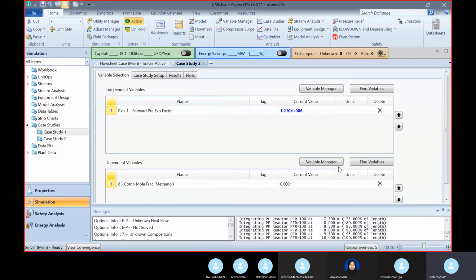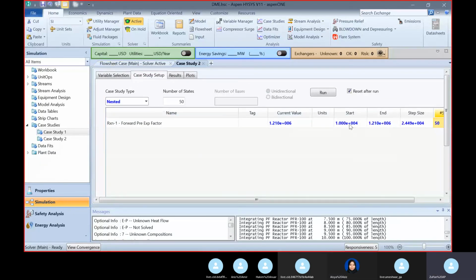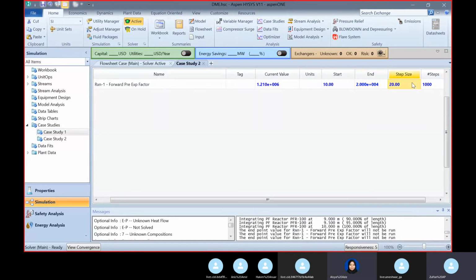You can start from 1,000, and the end is 20,000, right? Yeah. And then it's 100. Which one do you want to specify, Aisha, step size or steps?